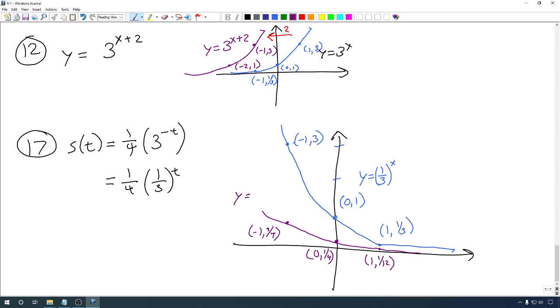This is y equals 1/4 of 1/3 to the x power. Now, I went ahead and changed the variables, so you could write this as s equals 1/4 of 1/3 to the t power. But the graph would look the same way. But that's how we would graph these particular kinds of functions.